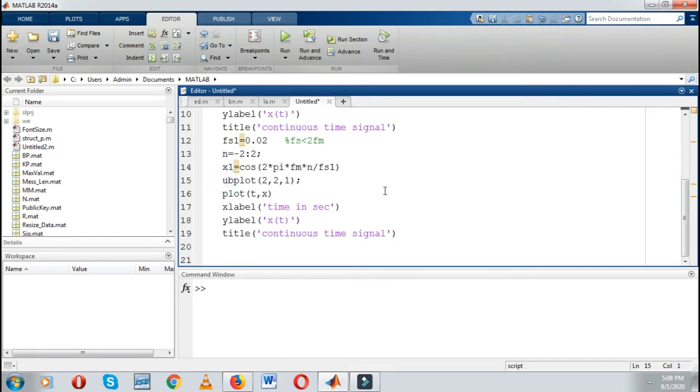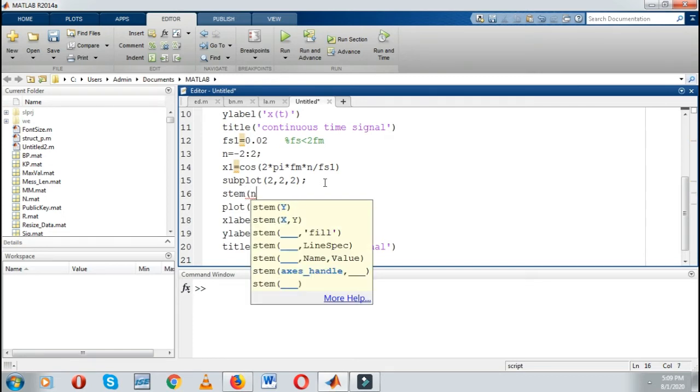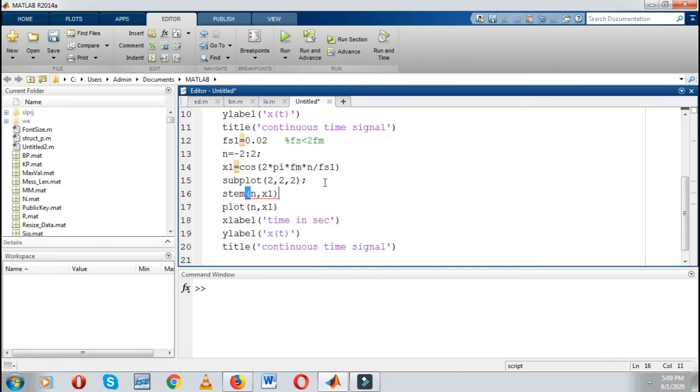That's it. Then I will do one thing: I will copy this program as it is and change the subplot to 2 comma 2 comma 2. Here I will write n comma x1. Here I have taken a sampling, so I will write stem in bracket n1 comma x1.